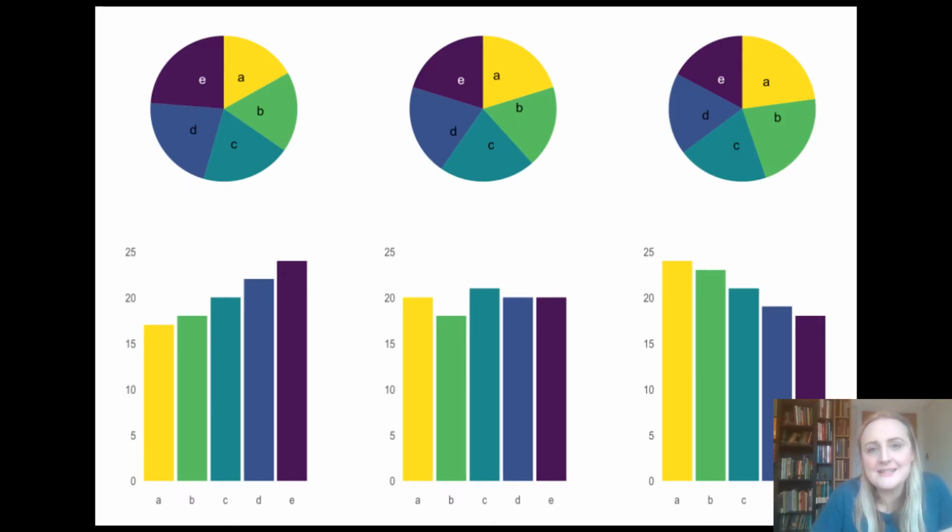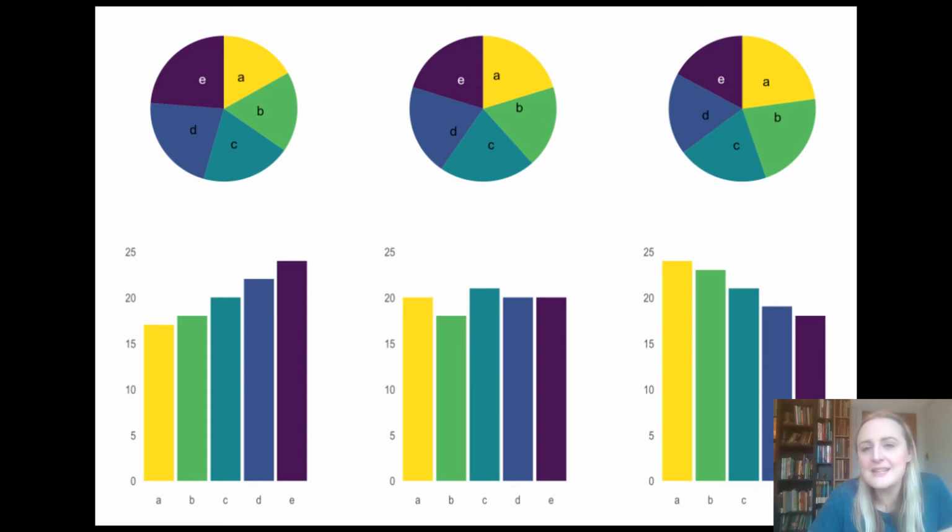If you have a look at these three pie charts, the equivalent bar charts have been drawn underneath them. And I think we can all see straight away the bar charts are just far more clear and revealing about what the data is showing. If you have a look at the first one, I can't tell necessarily that section A is the smallest, then B, then C, then D, then E. I can't tell that by just glancing at the pie chart, but I can tell it by glancing at the bar chart.